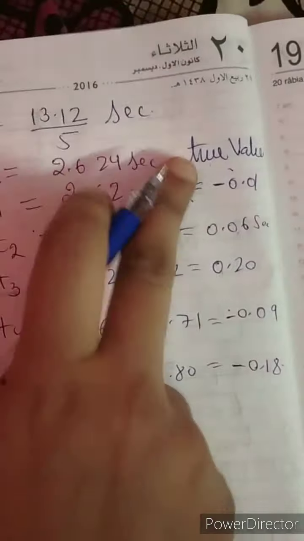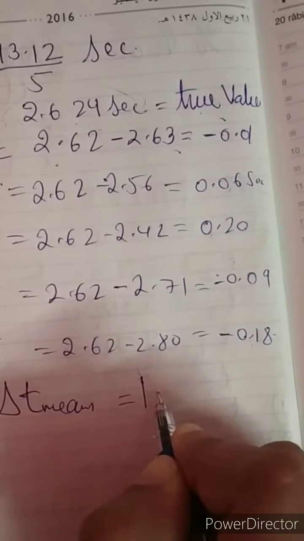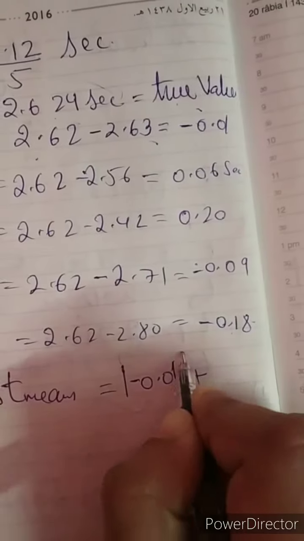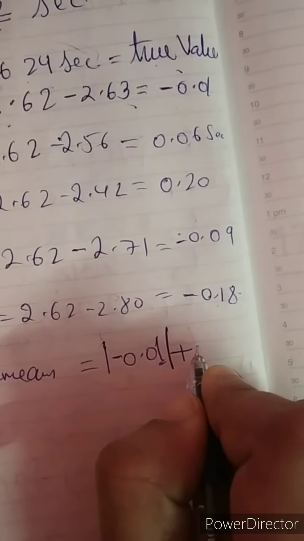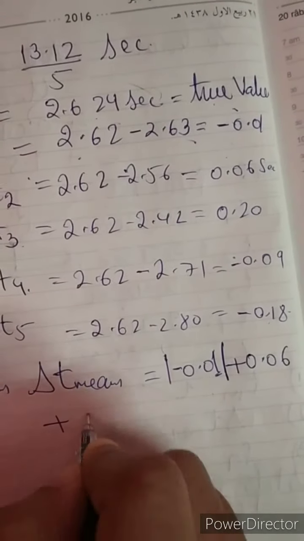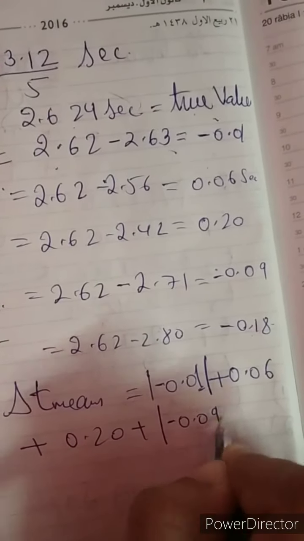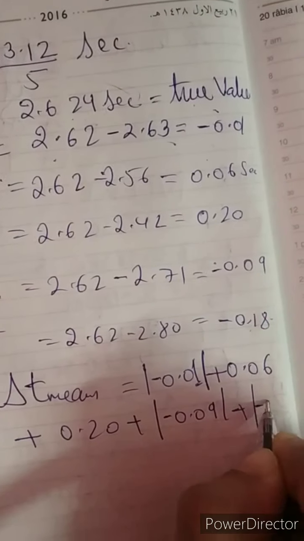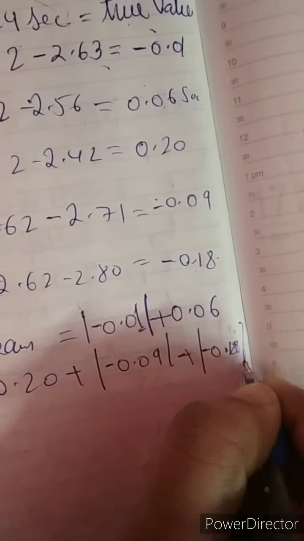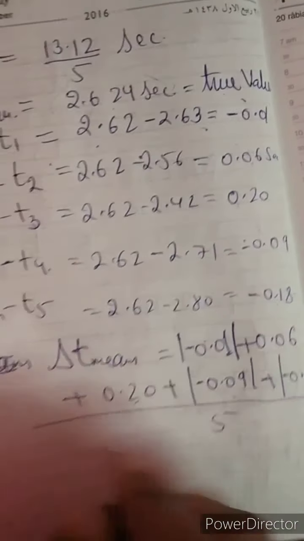Since there is a minus sign also, and we don't want the minus sign, we take the mod of it. So mod of minus 0.01, plus 0.06, plus 0.20, plus mod of minus 0.09, plus mod of minus 0.18. There are all 5 values, and then divide by 5.